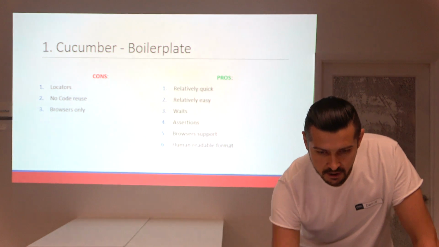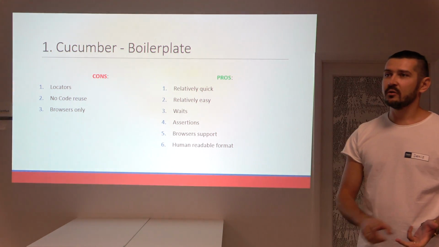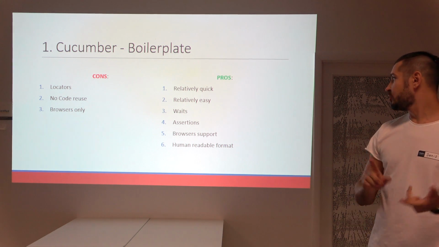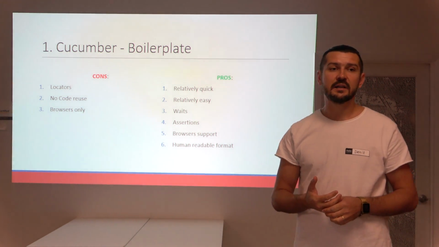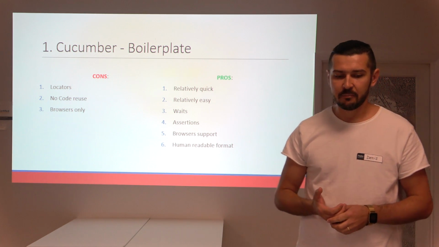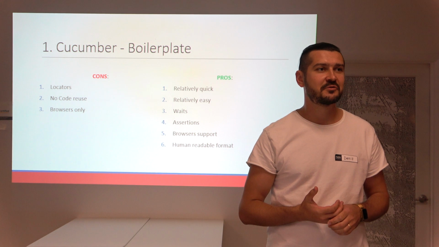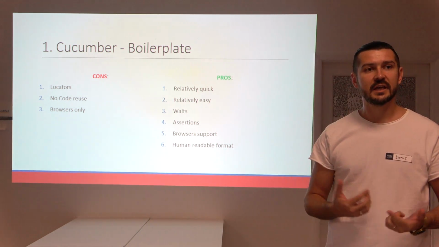So it's still quick, it's easy, it has all the waits and assertions, it has all the browser support, and it's a human-readable format, so it's not really any programming language, it's Cucumber. But at the same time, now you have to know how to actually find those locators.